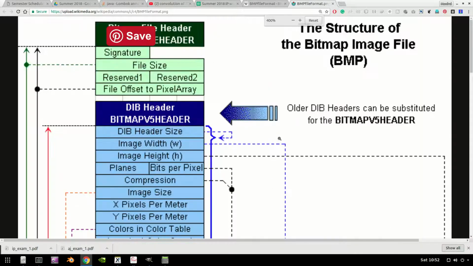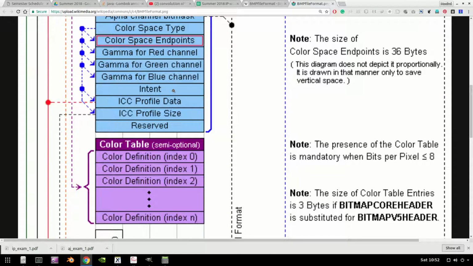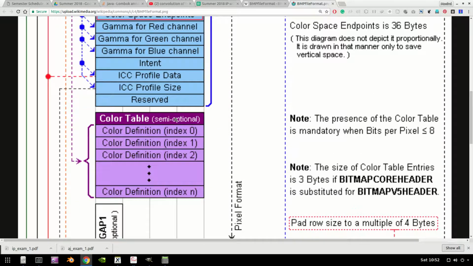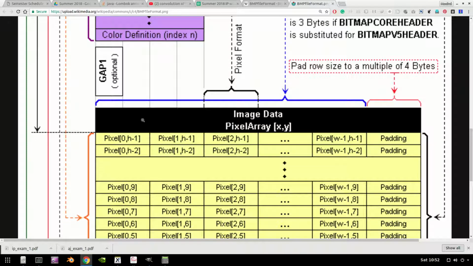Okay. So here's the thing. We have this signature and other stuff. This takes about, I guess, 40 bits, and over here we have another 14 or 16 bits, and down here we have a color table, and this is where the pixel array starts. So we have calculated the offset when we wrote our code, and it checks out.